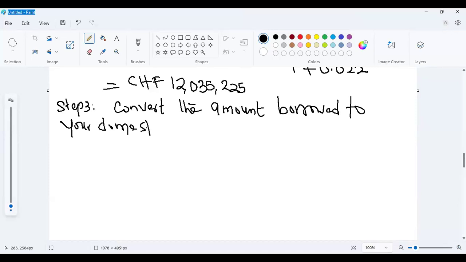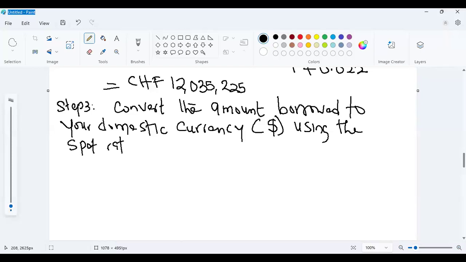In this case, our domestic currency is dollar, using the spot rates. Of course, we assume that the company has borrowed the money. That means the company has the cash with them. Our company based in US has borrowed in CHF. We have the cash with us now. We now want to convert to dollar.